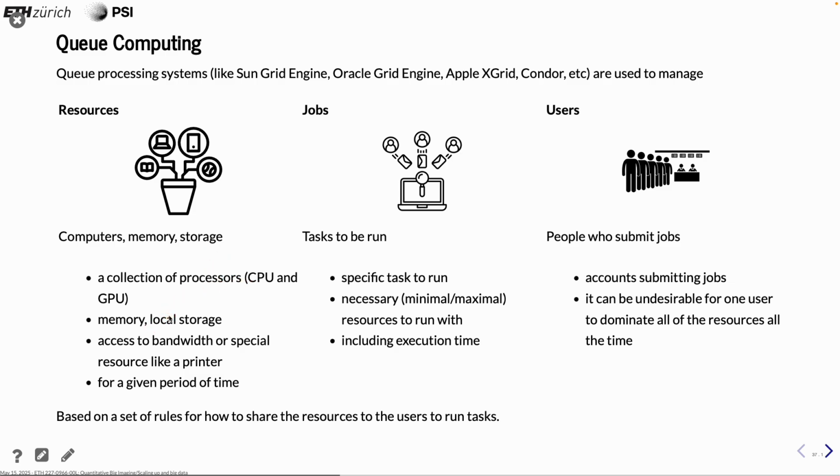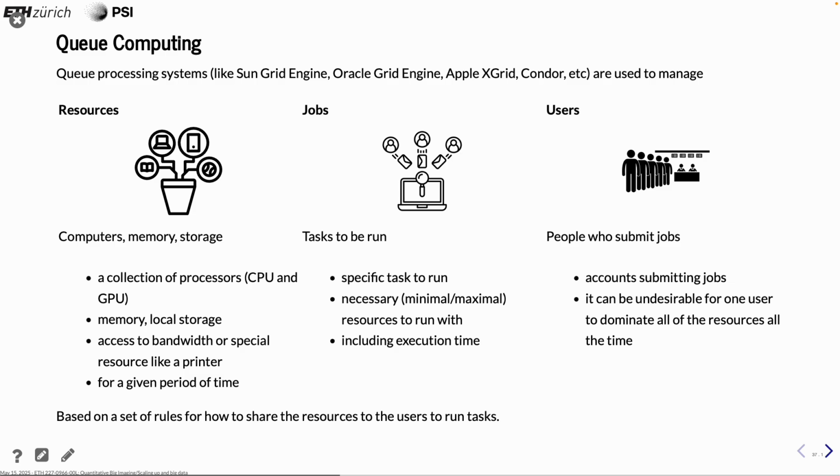You have memory and storage, and you may also have resources like printers or something. I don't believe you would do too much parallel printing, but anyway, that could be some kind of limited resource that you want to make sure that it is controlled. And you also have a limited time when it's available.